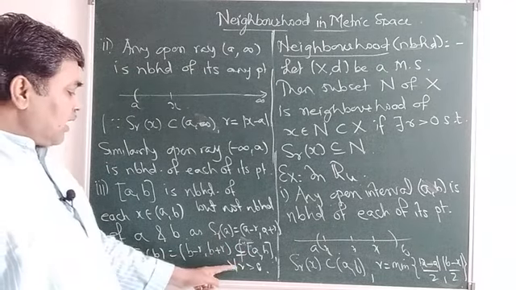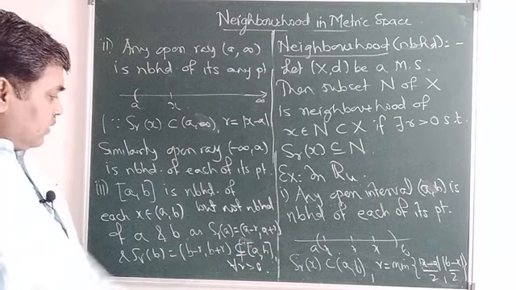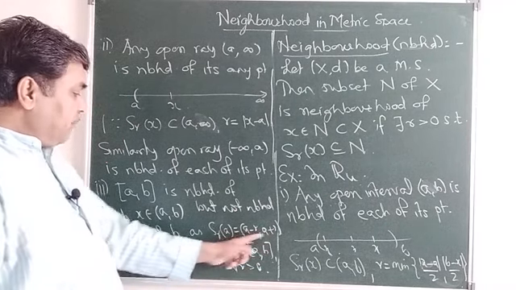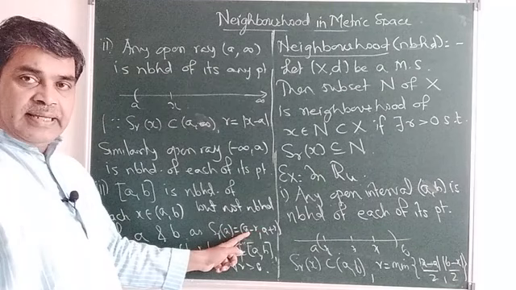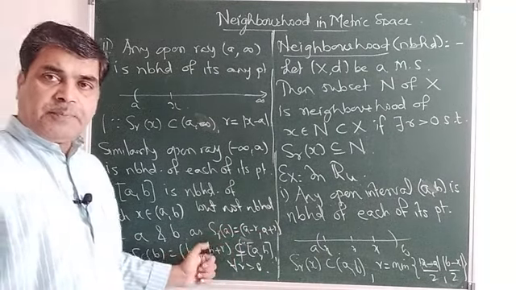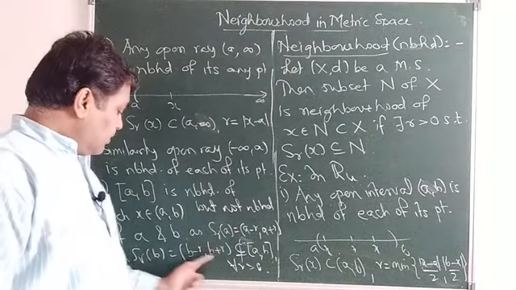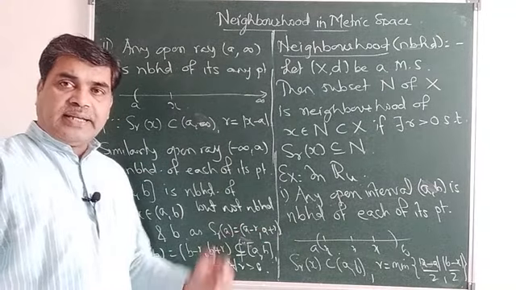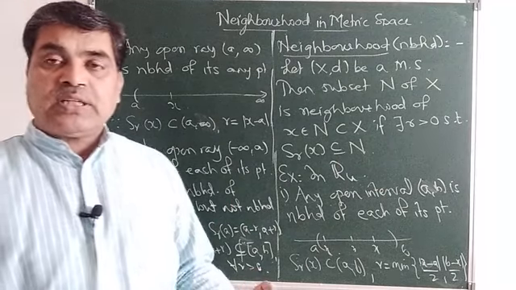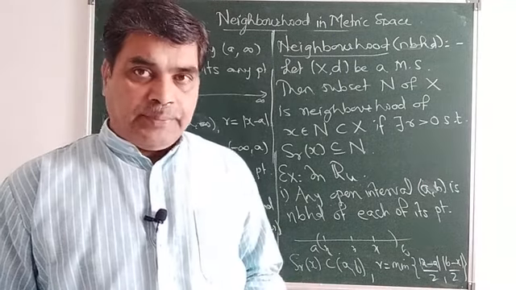Whatever choice of r greater than 0 may be, A minus r to A plus r contains points less than A, on the left side of A, and B minus r to B plus r contains points greater than B, which are not in the closed interval AB.